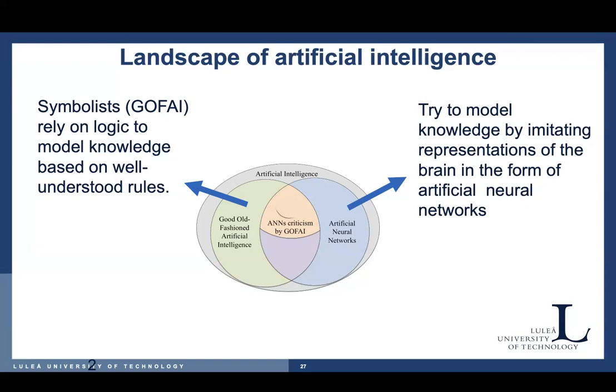And this is also important to remember. Symbolic is also called localist. So localist versus connectionist approach.